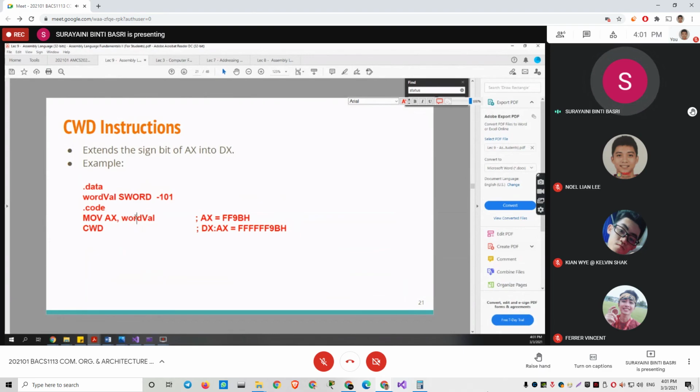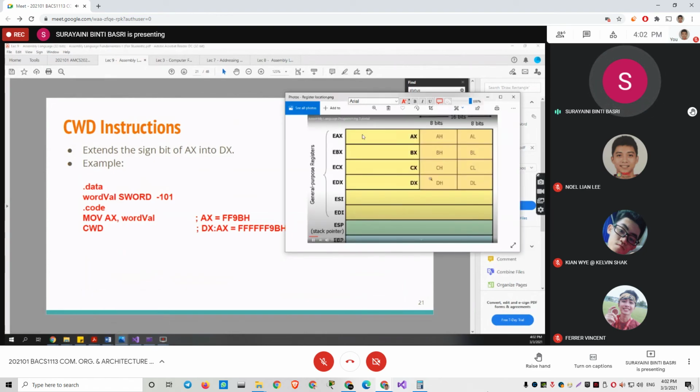You just need to put something like this, X to the X. I haven't shared this picture with you guys, so I will share it later because I think this picture helps a lot. So let's say this one. The word is 16-bit, so 16-bit is AX.